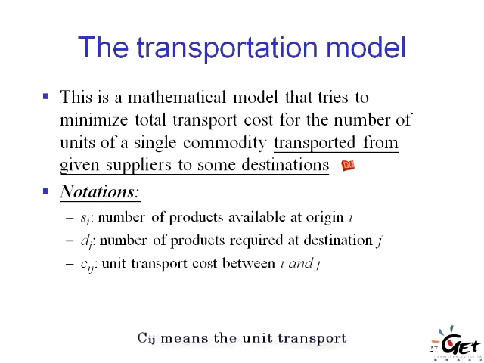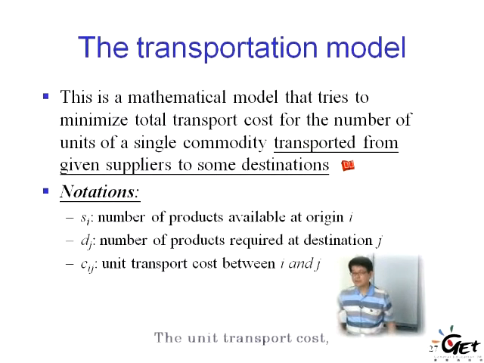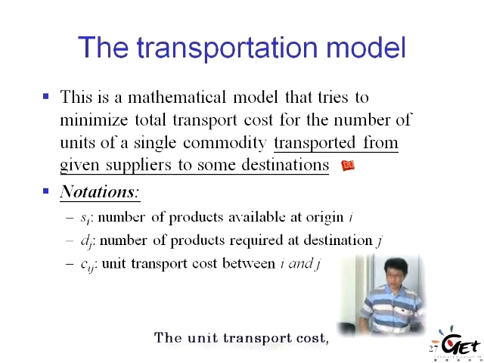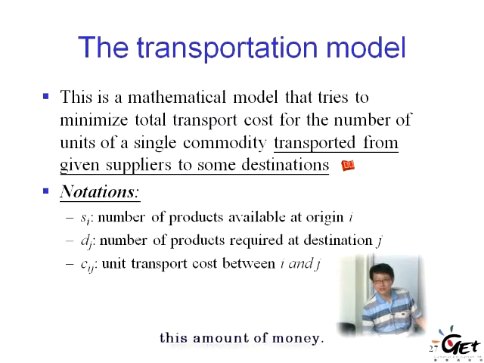C sub ij means the unit transport cost between, say, city i and city j. You send one unit of product and you have to pay this amount of money.